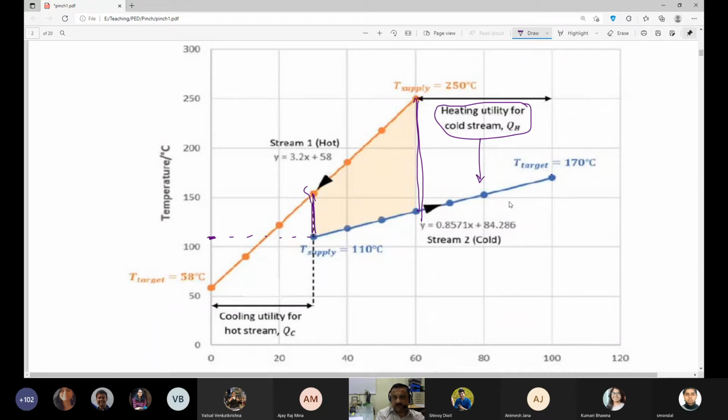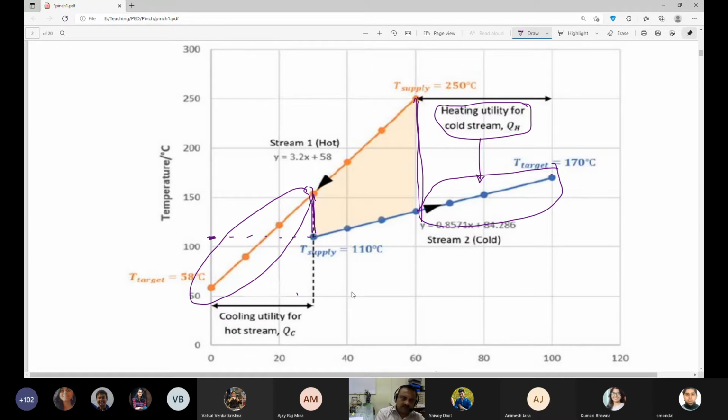This part here, we can do the exchange. This part of the heating can be done using steam, for example, and this part of the cooling can be done using cooling water. In between we can do the exchange of heat. Okay, so this is the temperature versus enthalpy plot.